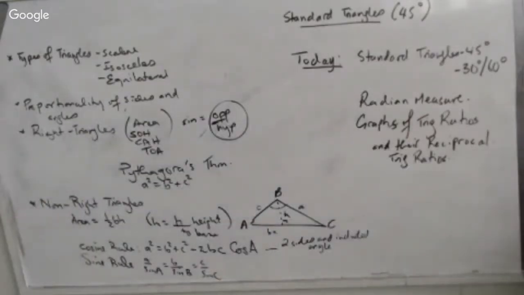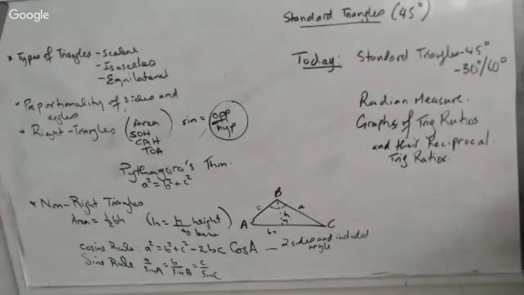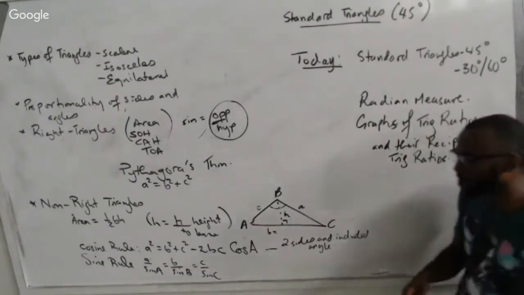Okay. Right now, what we're going to do today is standard triangle, radian measure, graph of trig ratios and their reciprocal trig functions, and those things we're leaving here, right? Let's see how far we get.